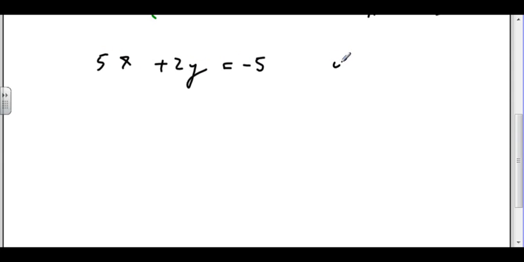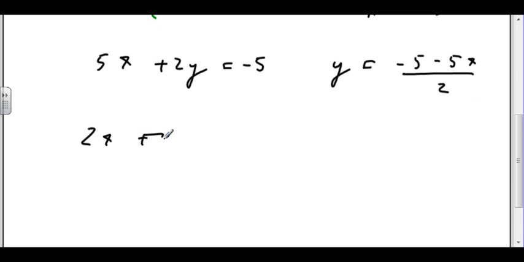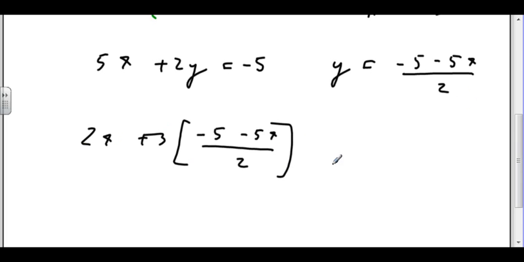So I'm going to say y is equal to minus 5 minus 5x, divided by 2. And then I'm going to put that in the second equation: 2x plus 3 times (minus 5 minus 5x) over 2 equals 9.